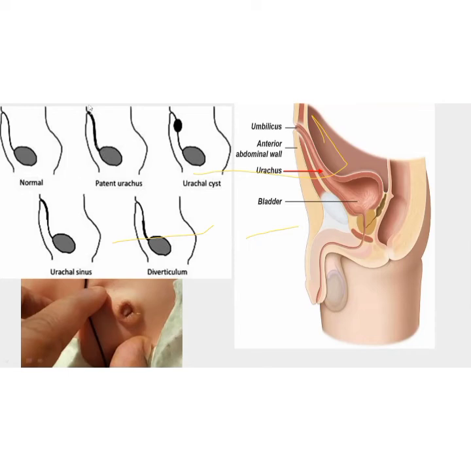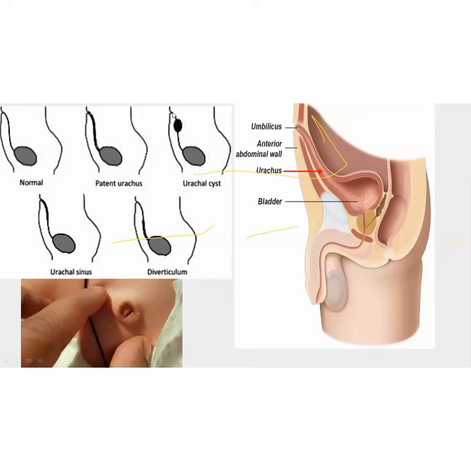See the patent urachus: patent in an adult also, the allantoic tube or duct is open. So what will happen? The urine formed inside the urinary bladder will be dribbling or leaking through the umbilicus. This is a case of patent urachus.